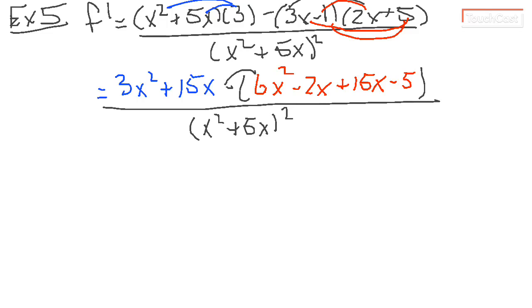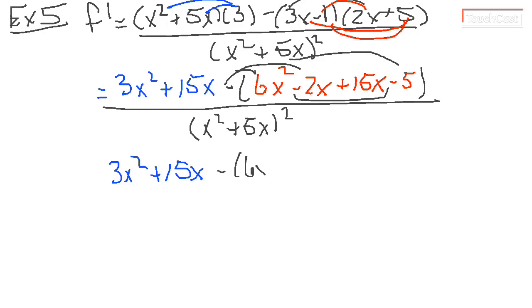We can also distribute this minus sign once we've combined any like terms in our red part, so let's do that. Let's combine the like terms first. We've got negative 2x plus 15x. That's going to make a plus 13x. So we'll have in our next line 3x squared plus 15x minus, 6x squared plus 13x minus 5.